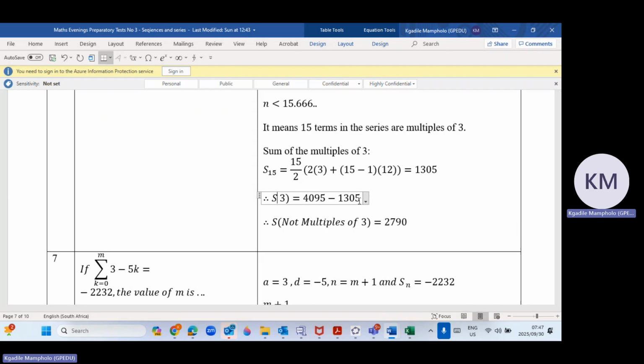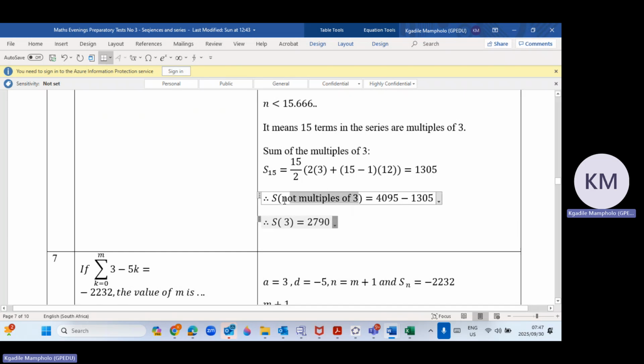The sum of terms which are not multiples of 3, in this case, you say it will be the sum of all terms minus the sum of the multiples of 3. It means the sum of the terms which are not multiples of 3 is 2790.